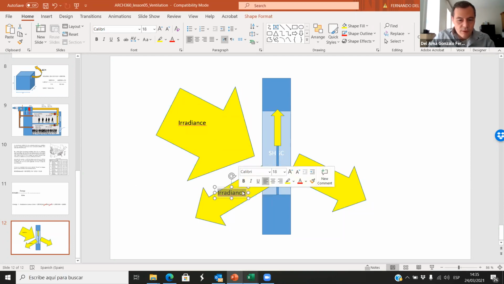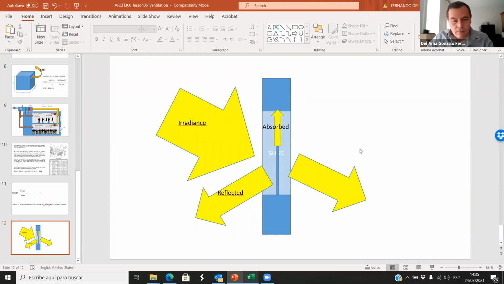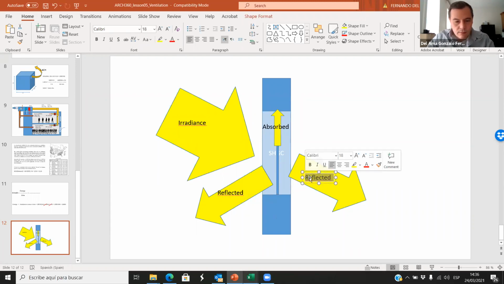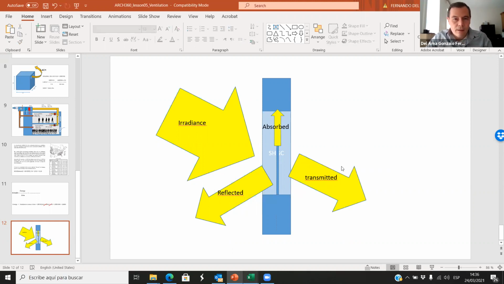We can have a percentage of reflected energy, a percentage of absorbed energy, and finally, a percentage of transmitted energy.